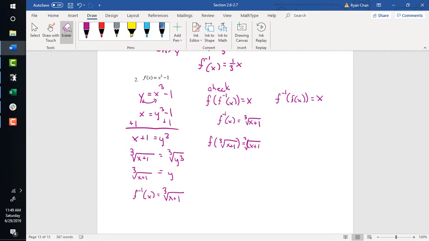Sorry, let me make this a little bit cleaner. Which will then become x plus 1 minus 1, which will be equal to x. Okay. Oops, sorry. And so that works out right there.